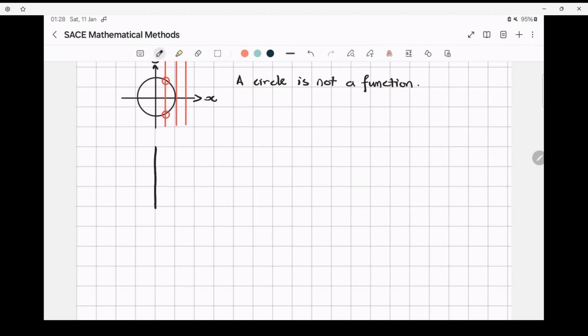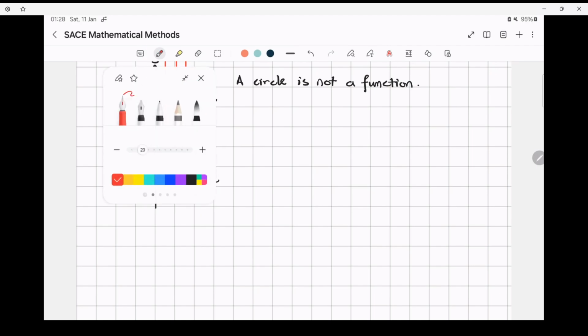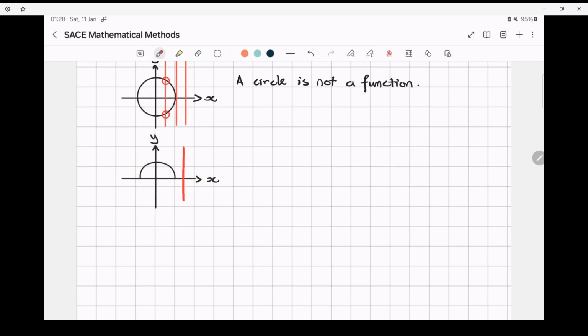If let's say you have something like this, a half circle, then at any vertical line you only intercept the half circle at one point, for example over here or over here.